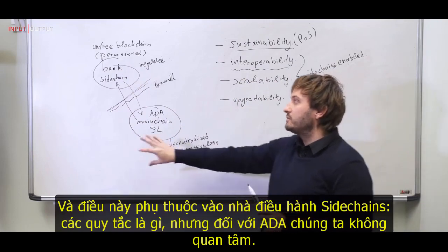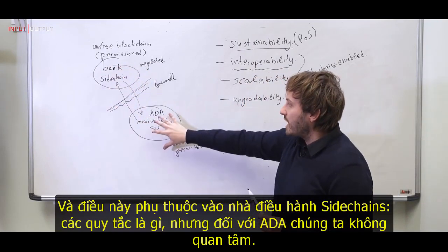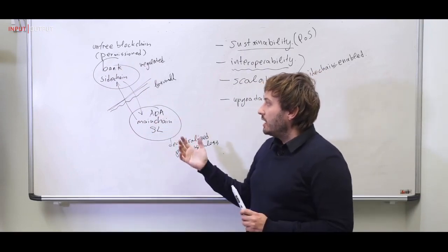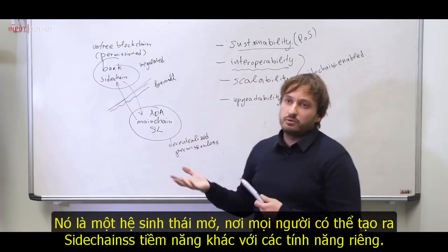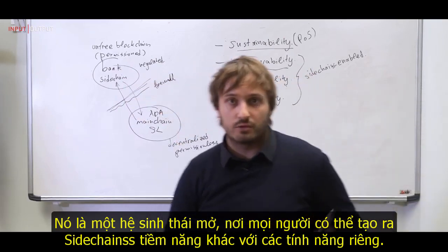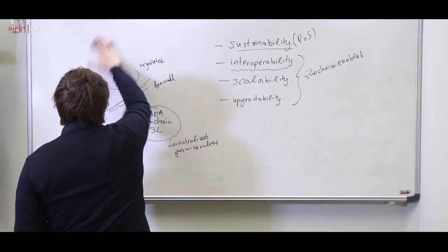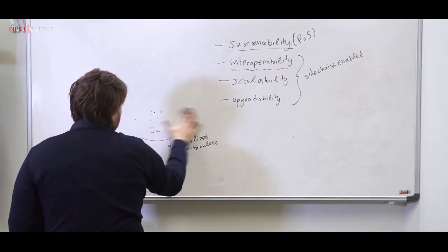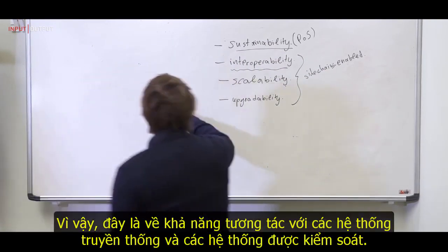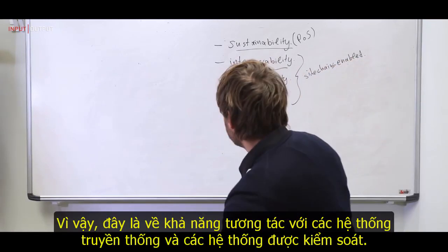And this is really up to the sidechain operator to say what are the rules, but for ADA, we don't really care. It's really an open ecosystem where people could create potentially other sidechains that have their own features. So this is about the interoperability with the regulation and traditional system.